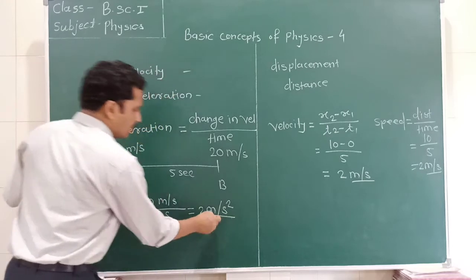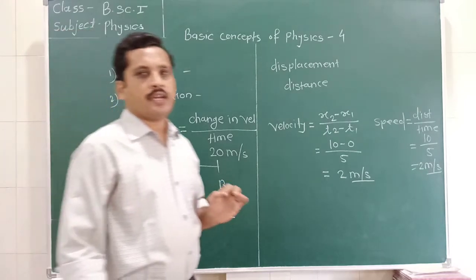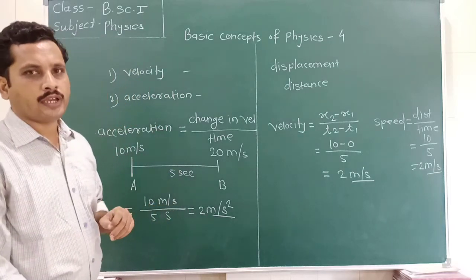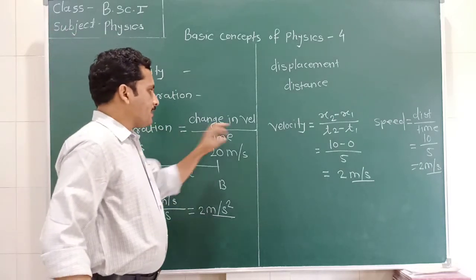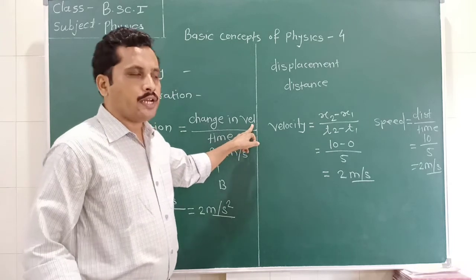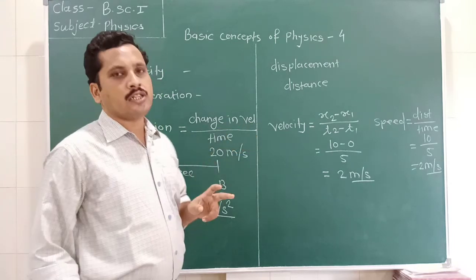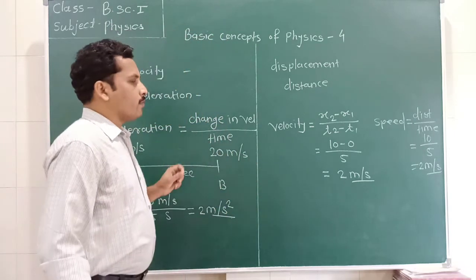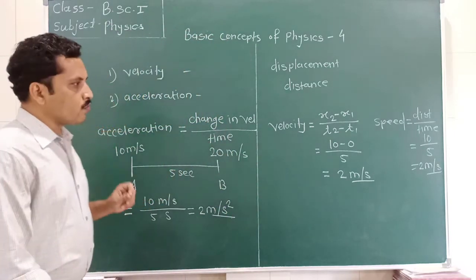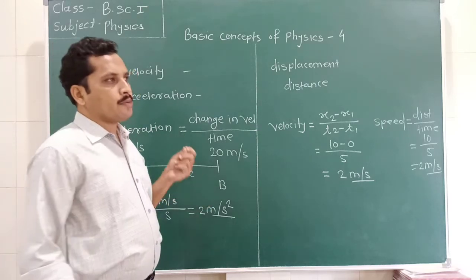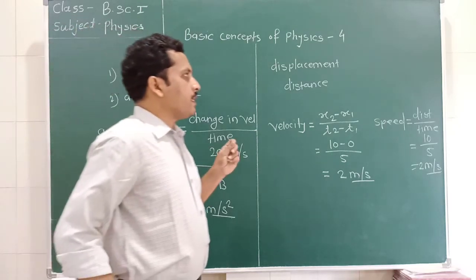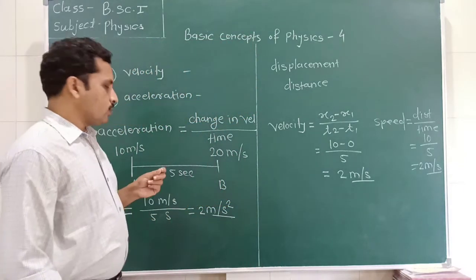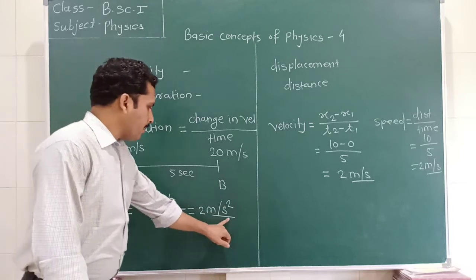This meter per second square is the SI unit for acceleration. As velocity is a vector quantity, acceleration is also a vector quantity. Therefore, it also depends upon the direction. If it is moving in the forward direction, it is a positive value. If it is in the reverse direction, it is taken as negative.